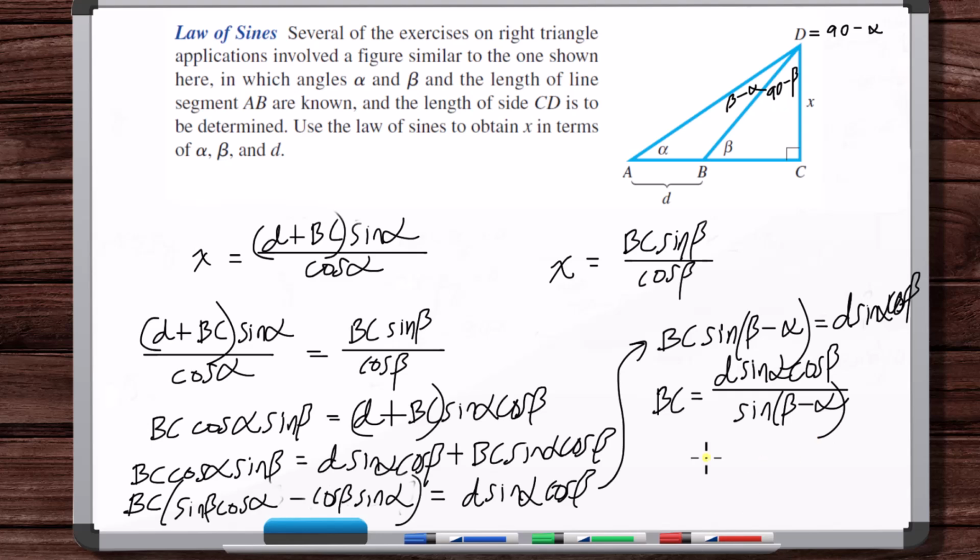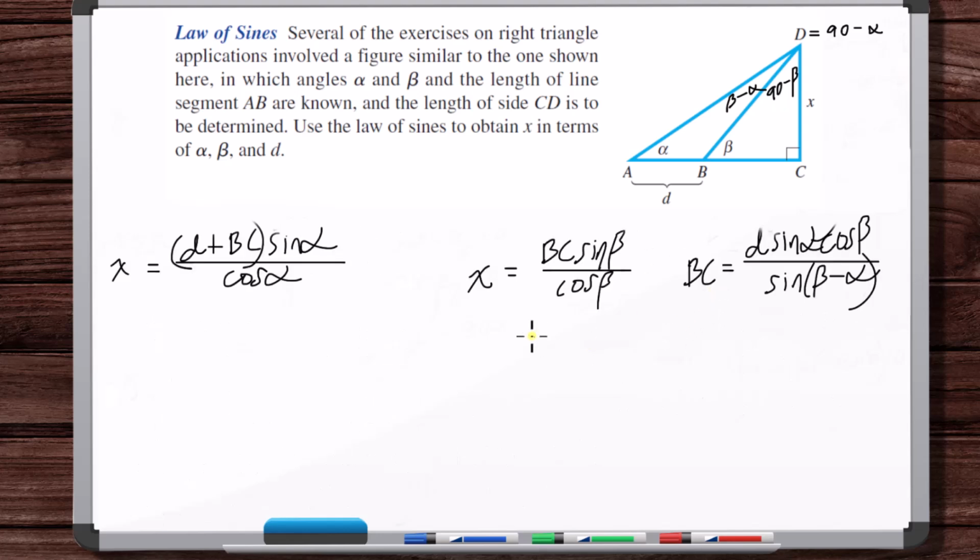Great. Now, if we look back at these x values, we're trying to solve for x as a function of alpha, beta, and d. So here's the simplest form where we could just plug BC in here, and we're left with just betas, alphas, and lowercase d's. So let's plug this BC in here.